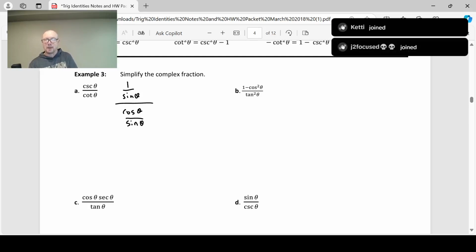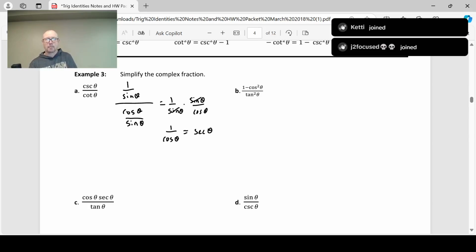And if we multiply by the reciprocal, what we would get is 1 over sine theta times sine theta over cosine theta. And then my sines would cancel, so I would get 1 over cosine theta, which is equal to the secant of theta. Okay, so again, we're using the techniques that we did above in order to simplify that.